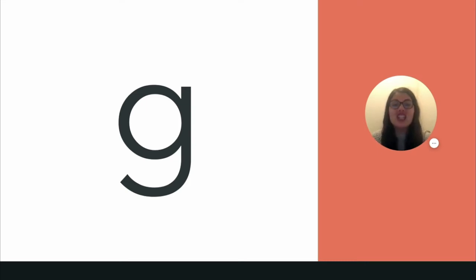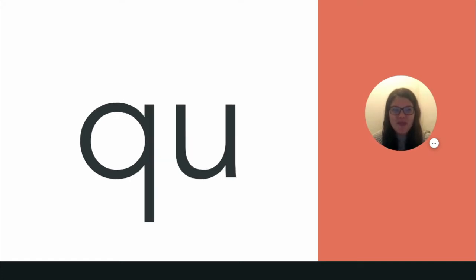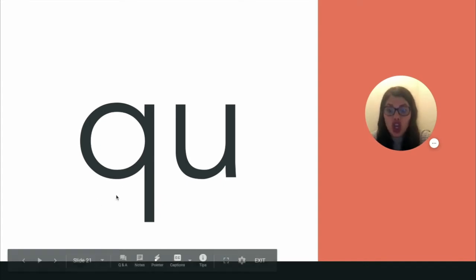This is the letter G, and it makes the sound G. Good job. Keeble Cubs, what's this digraph? Good job, my friends. These are the letters Q and U, and they make the sound qu.